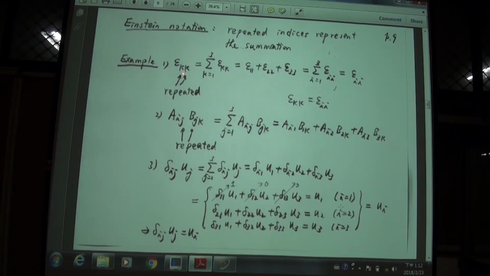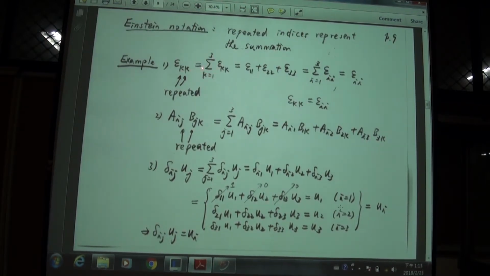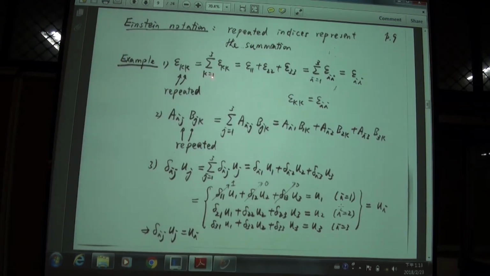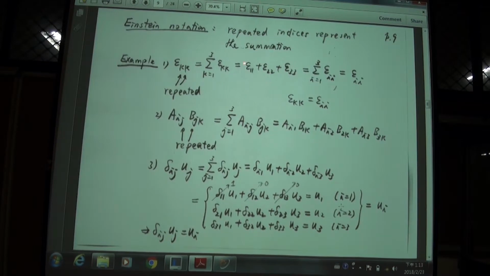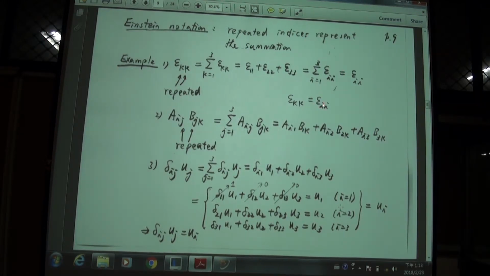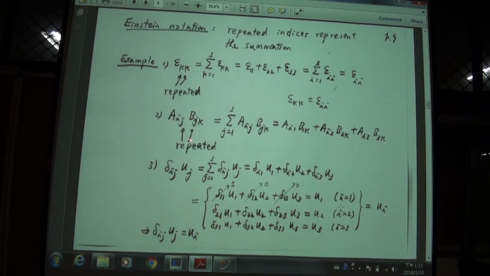For example, epsilon kk is repeating, so it stands for the summation of epsilon kk from 1 to 3. But this one can also be replaced by this one. And now, according to the Einstein notation, the summation sign can be dropped, and so epsilon kk equals epsilon ii. Another example.